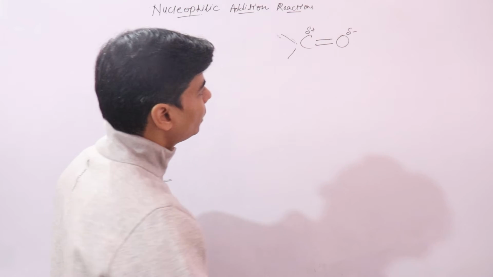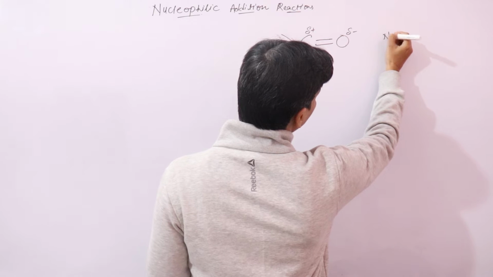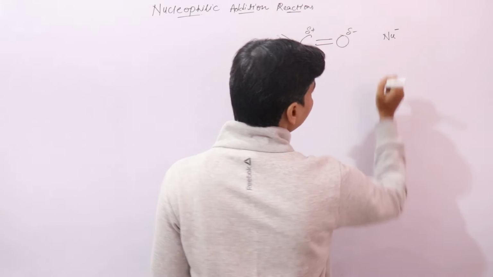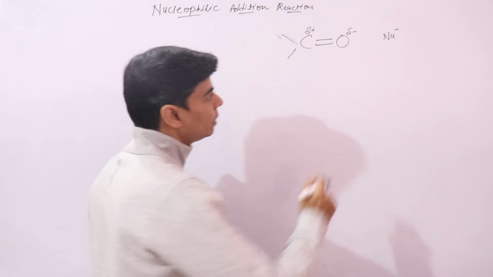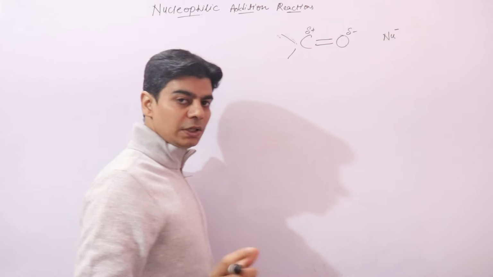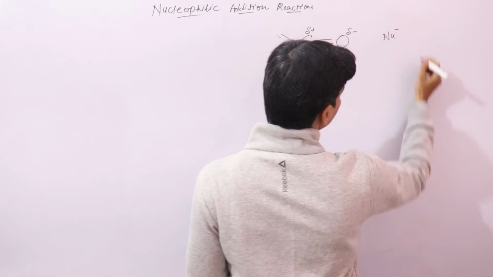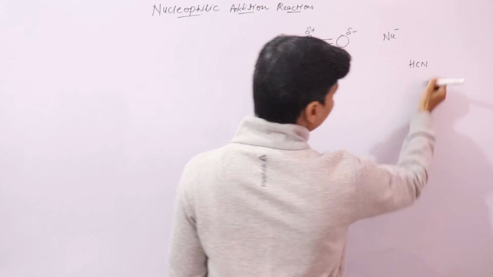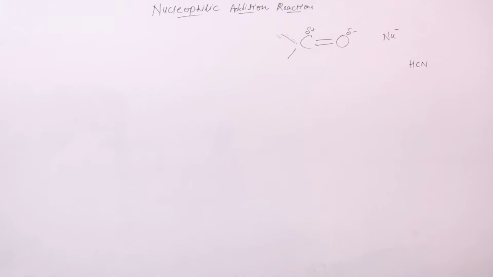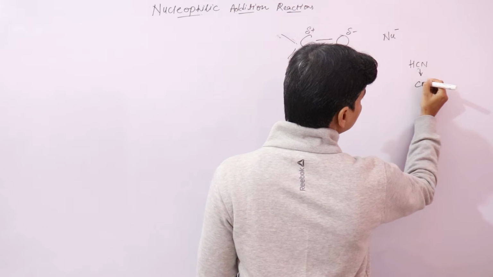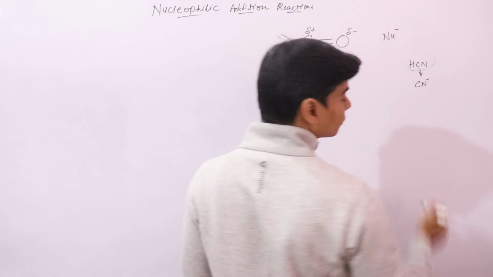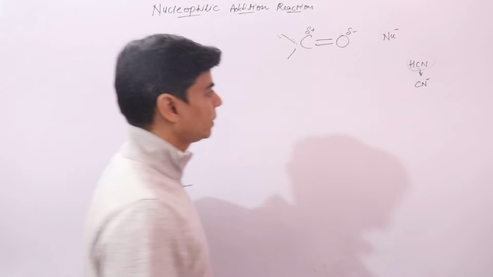Now when we talk of nucleophilic addition reaction, that means attack by a negative reagent, attack by the negative part of the reagent. If your reagent, say, is hydrocyanic acid, HCN, then the nucleophile would be CN, the negative part of this reagent.